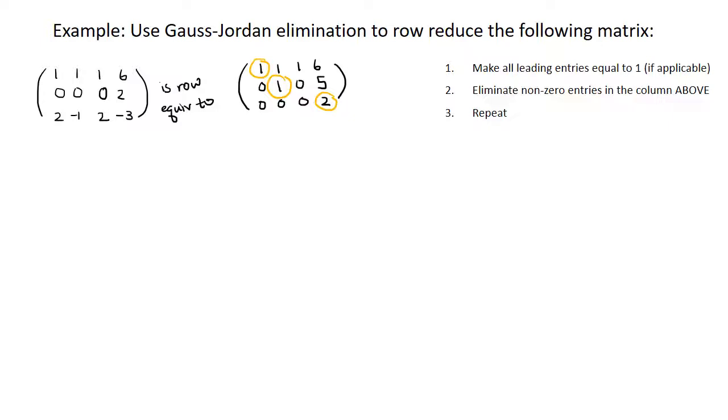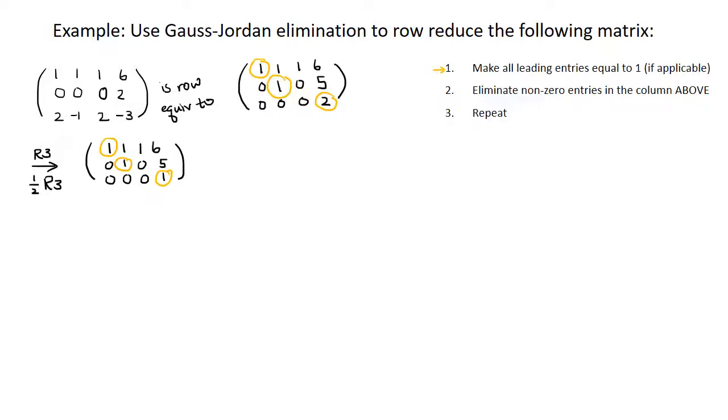Okay. So our first step is always going to be to make all leading entries equal to 1. So we're mostly done here. All we want to do is multiply row 3 by 1/2. Okay, so now when we look at our pivots, or our leading entries, you can see that they're all equal to 1 and they're moving to the right.